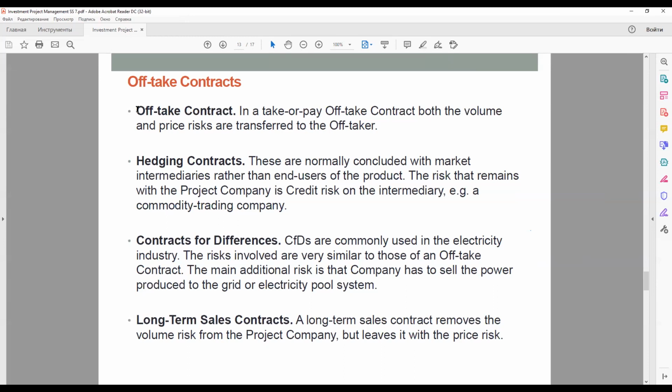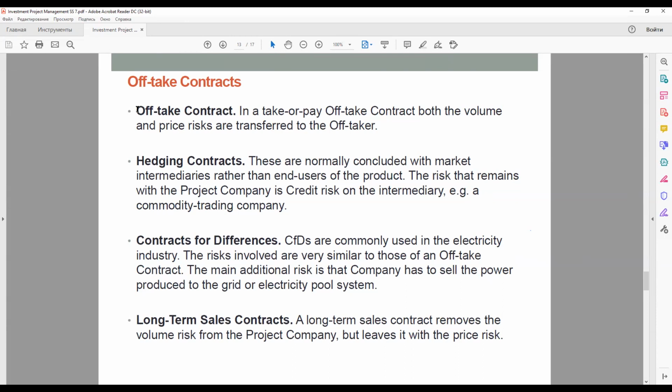Hedging contracts. These are normally concluded with market intermediaries rather than end users of the project. The risk that remains with the project company is the credit risk of the intermediary, for example, a commodity trading company.